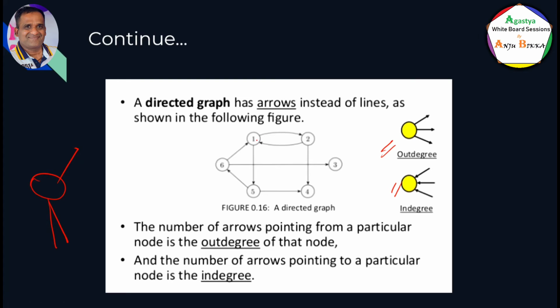For node 1, the number of edges going out is 1 and coming in is 2, so out degree is 1 and in degree is 2. In degree is how many are coming in, out degree is how many are going out. This is out degree and in degree in a digraph, but in an undirected graph there is only the degree; we can't say out or in degree.